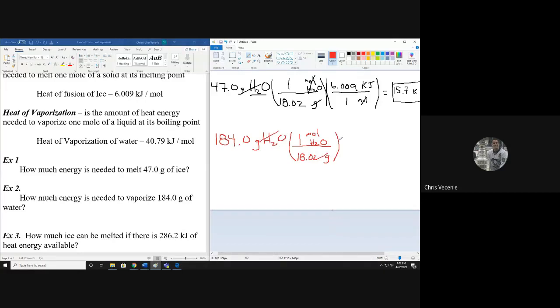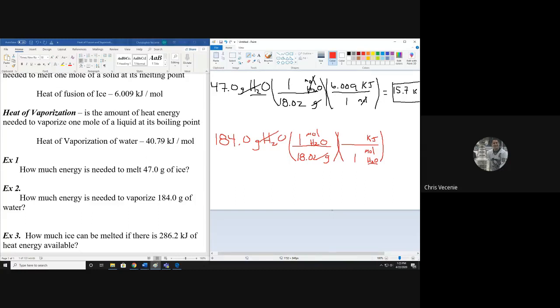All right. Now we want to convert our moles of water into kilojoules. And again, this is where you have to be careful. Who are we working with? It's water. And what are we doing, phase change, why is going to dictate the number.